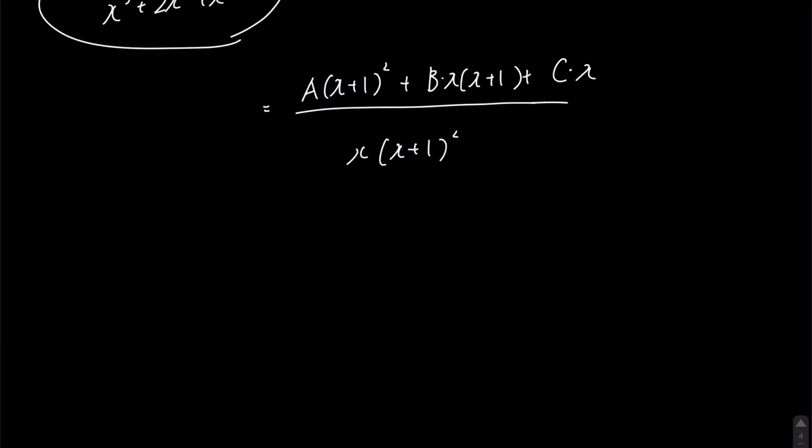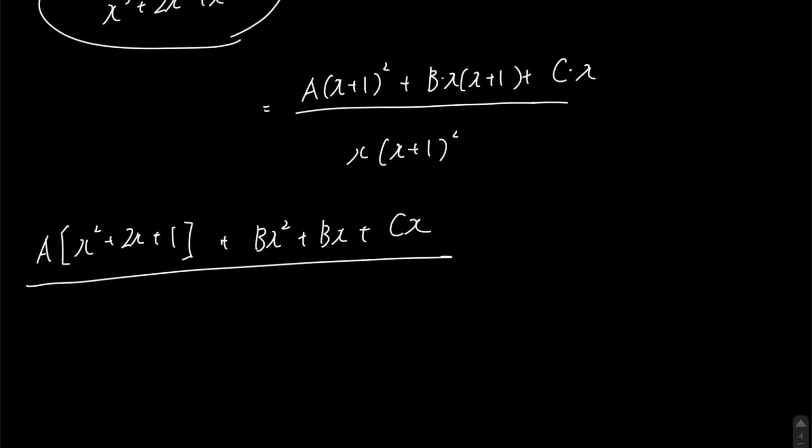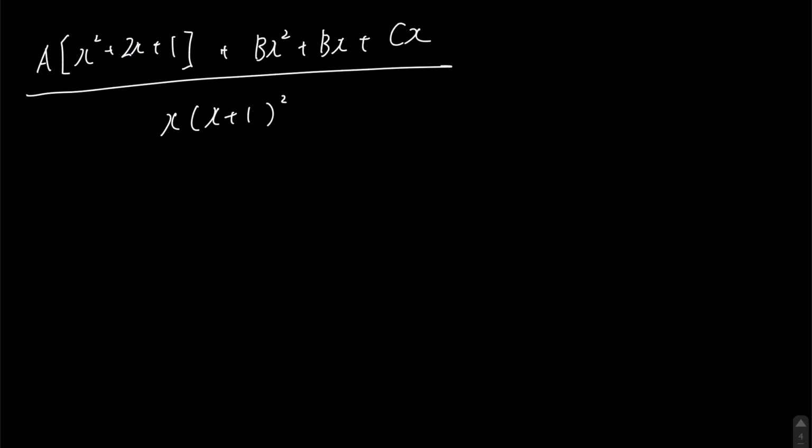So A times (x squared plus 2x plus 1) plus Bx squared plus Bx plus Cx, all over x times (x plus 1) squared. Now we can factor the numerator. So let's factor the numerator first.